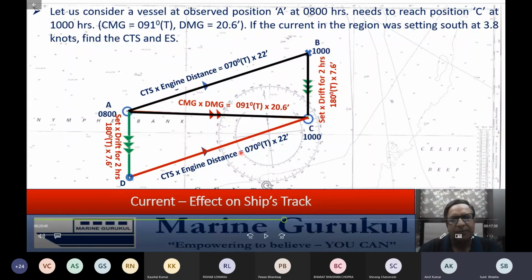Some people may take it otherwise, beta. Some examiners may say, why has he applied the current in the opposite direction? So he may deduct some marks even though it's mathematically correct. So it is better to follow the bottom triangle for counteracting.